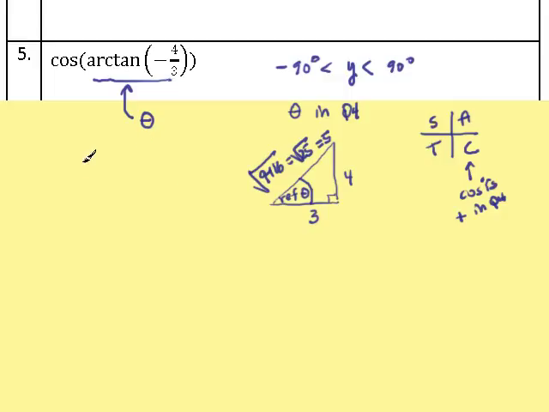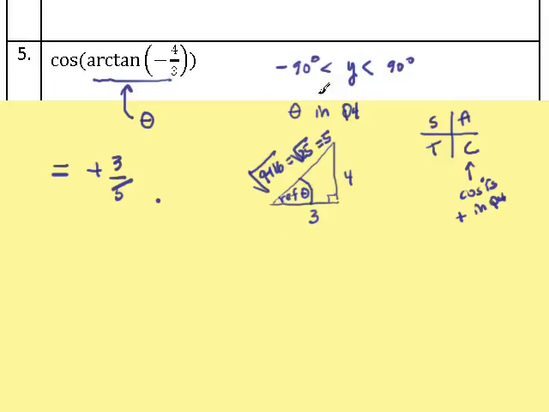All right, so the cosine of our angle is going to be either plus or minus adjacent over hypotenuse, 3 over 5, but since we're in quadrant 4, it's going to be positive. So once again, we draw a triangle containing this angle, whose tangent is 4 over 3.